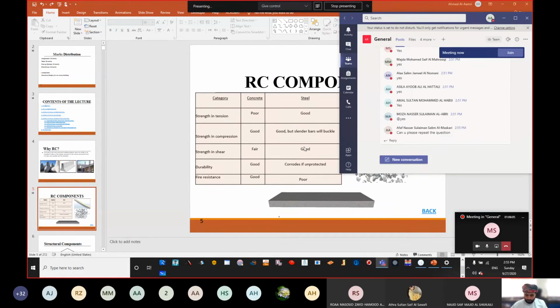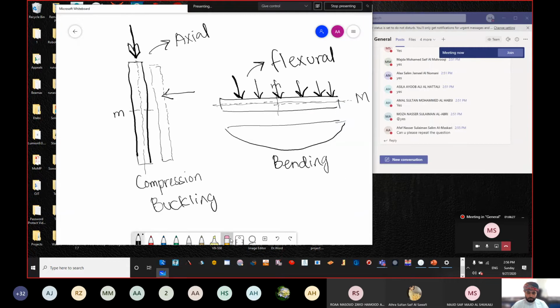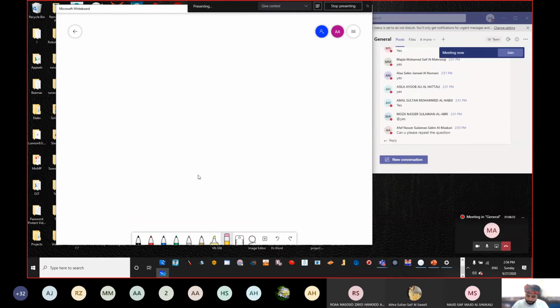Why is it so? Any idea? I said for shear, concrete is not that good, steel is good.